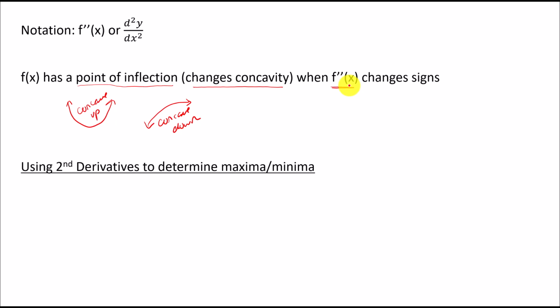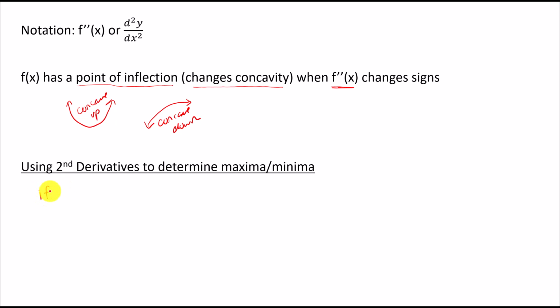Okay, and that's good to know, and we'll talk about that in the future, but right now we're going to focus on how to use the second derivative to determine where we have relative maximums and minimums, and what's located there. All right, so you're going to need to take the second derivative.